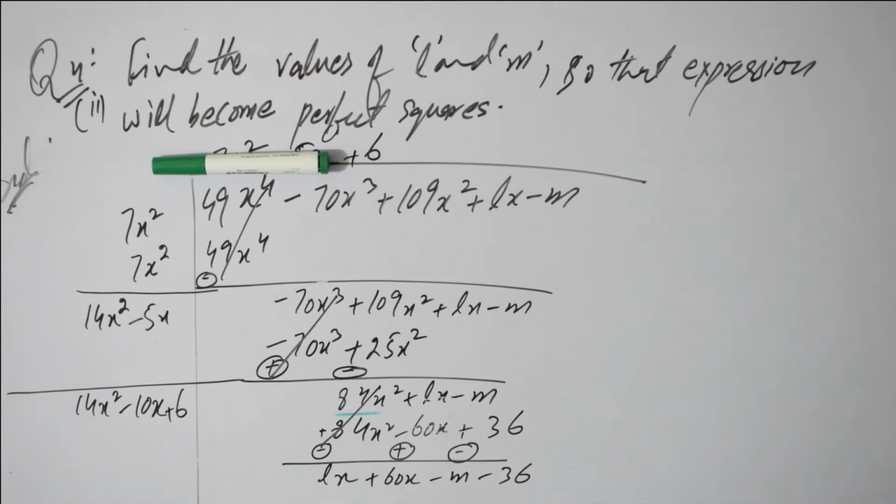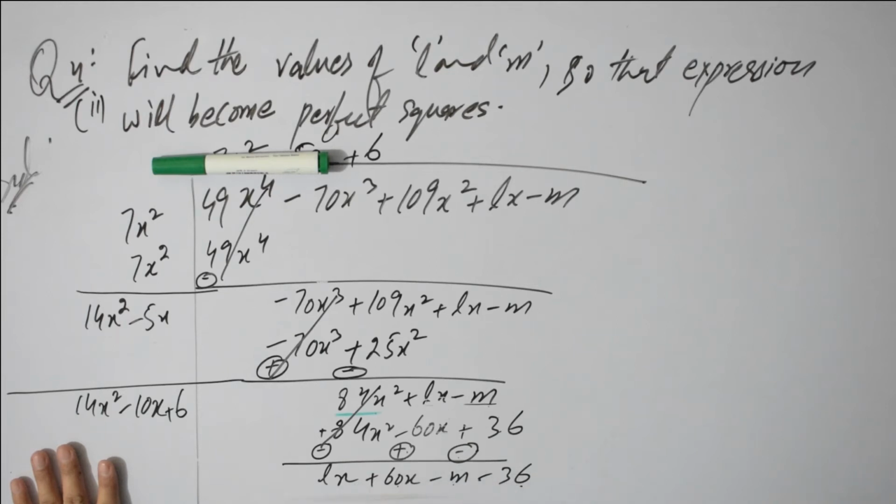What you have done, or what I have done, or what you will do, you will start writing from this side. First you will write the x terms, that is lx over here plus 60x, then move on to the constant term, the upper constant term is minus m and then this minus 36. You have to start from here, go here, then this side and then this term. So this becomes an expression.